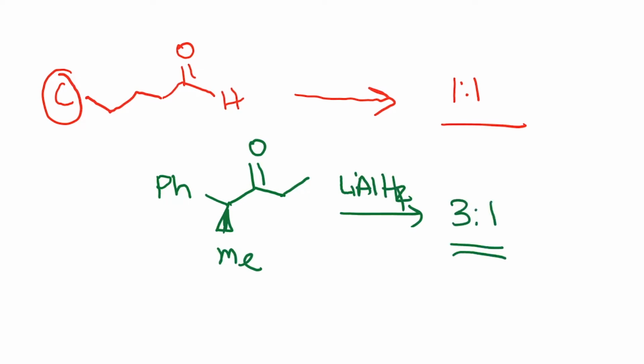So in order to understand this, I'm going to now provide you a theoretical framework that helps us reason this out. A lot of things in chemistry are first observed experimentally, and then a theoretical framework is developed.